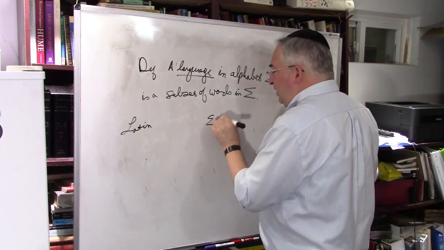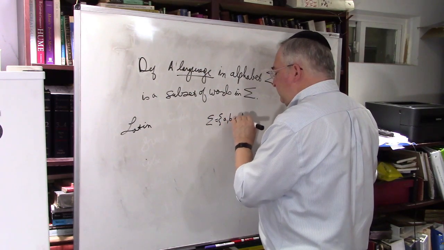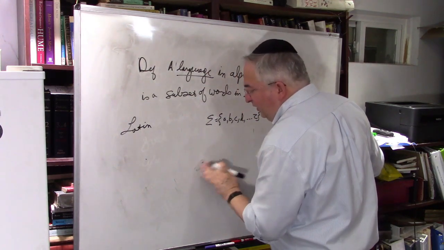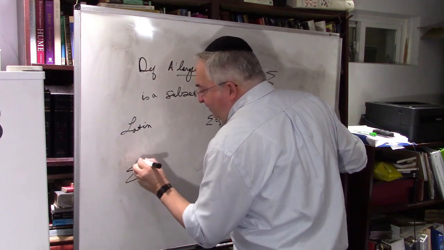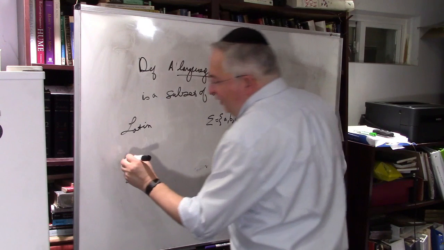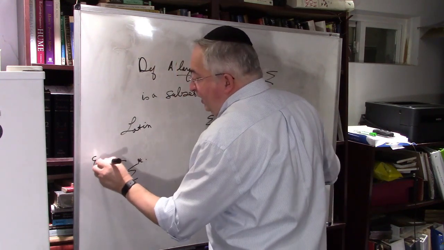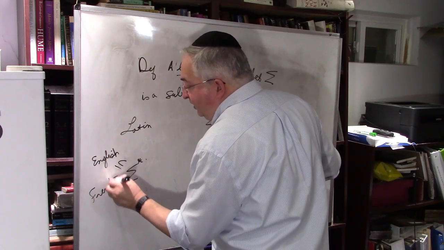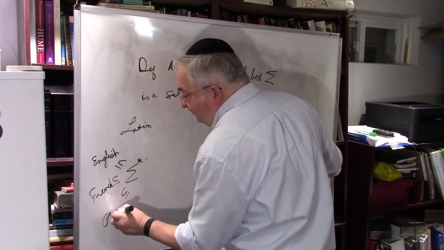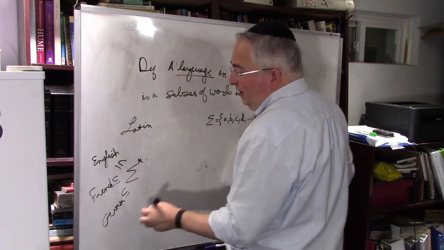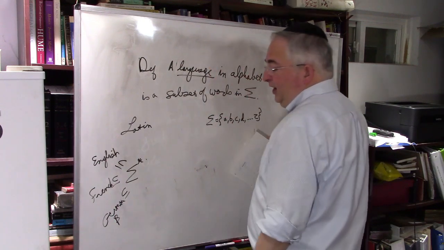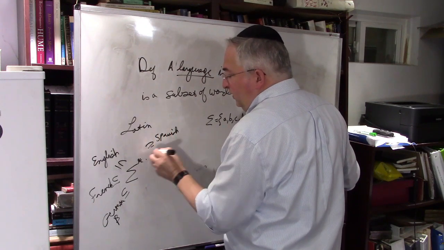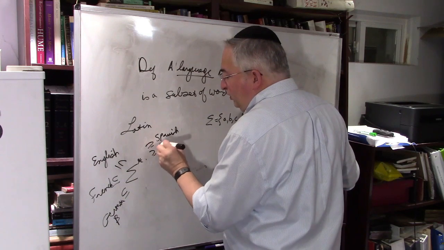The alphabet is A, B, C, D, all the way to Z. Then we have the set of all words in the Latin alphabet, and lots of different languages correspond to that: English, French, which is basically English with a lot of accents, German, which has a symbol that looks like that, Spanish, and Turkish.